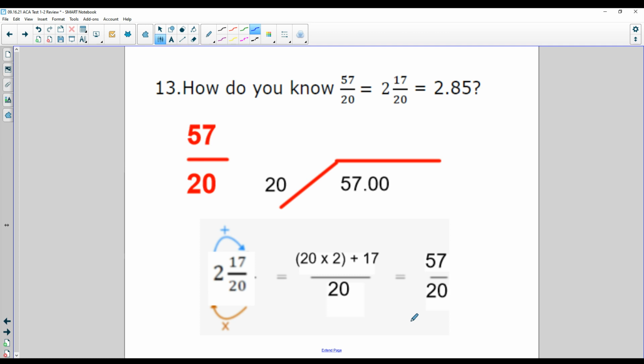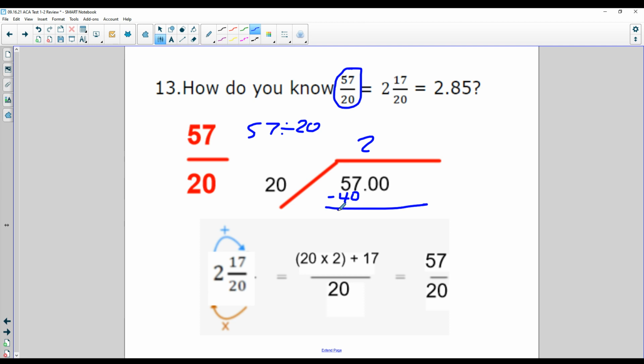Number 13, how do you know that this fraction is equal to 2 and 85/100? How do you say this as a division problem? 57 divided by 20. So we know 57 goes inside the division bar. If you divide it, you'll get 2 and 85/100. 20 goes into 57 2 times.